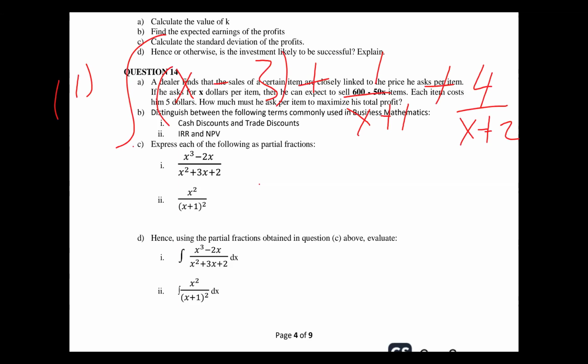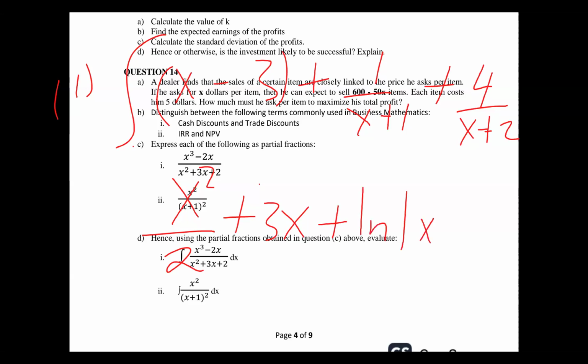The power will increase, so this will be x squared divided by 2, minus 3x, plus the natural log of x plus 1, the denominator, plus 4 ln (x + 2), plus C, the constant.